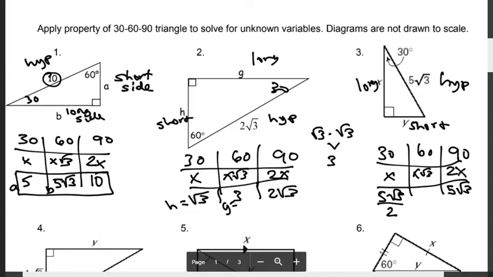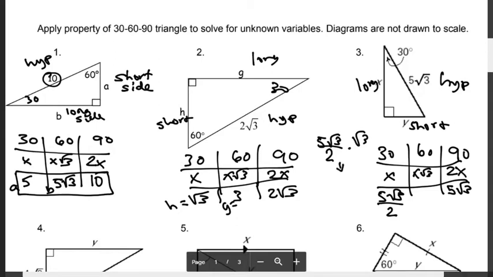And then I got to multiply that times radical 3. I'm going to clean a little bit of this up so I got some room to do this math, but I got 5 times radical 3 over 2 times radical 3. These radical 3's, just like what we saw in the problem before, are going to become 3.